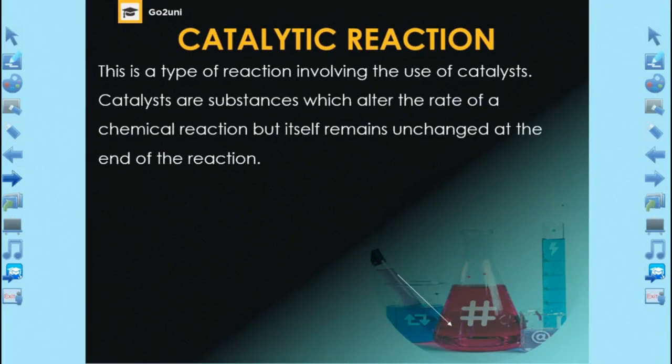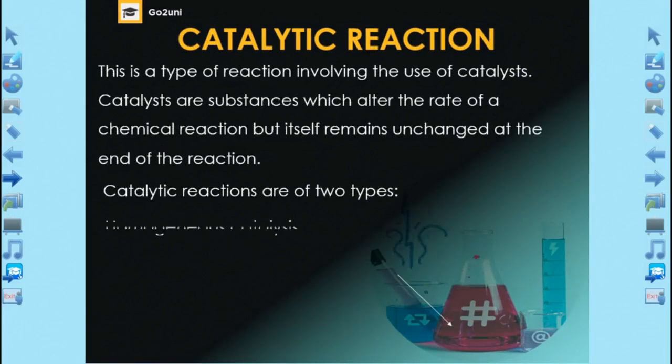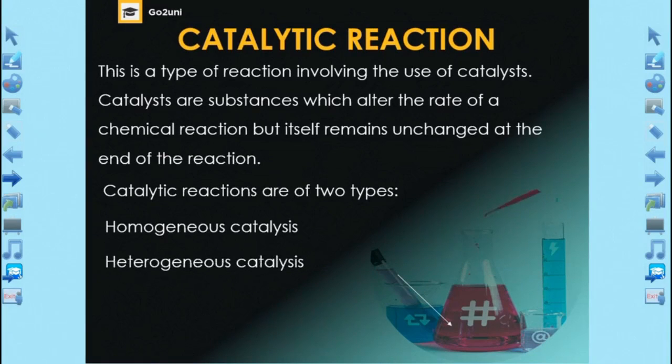From the word catalytic reaction, it implies that there is the presence of a catalyst in the reaction. So catalytic reaction is a type of reaction involving the use of catalysts.